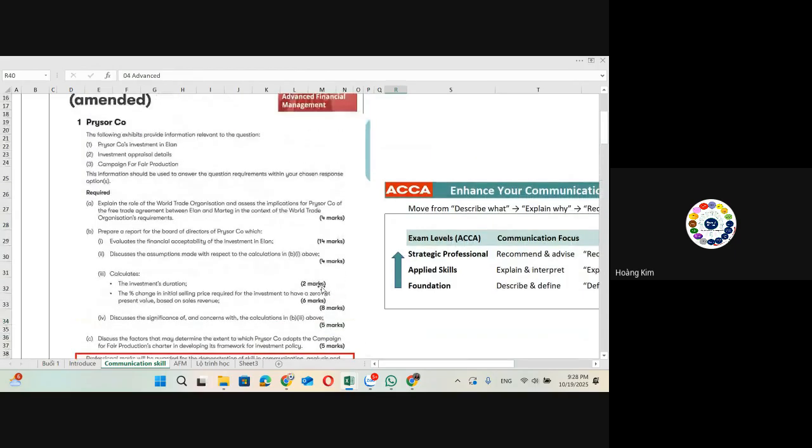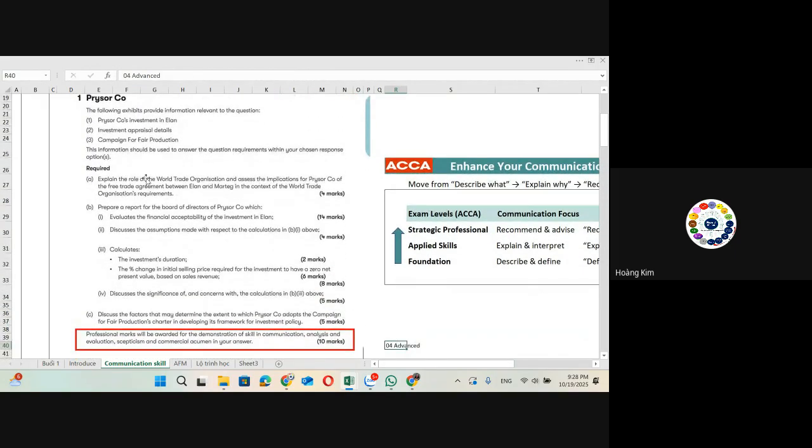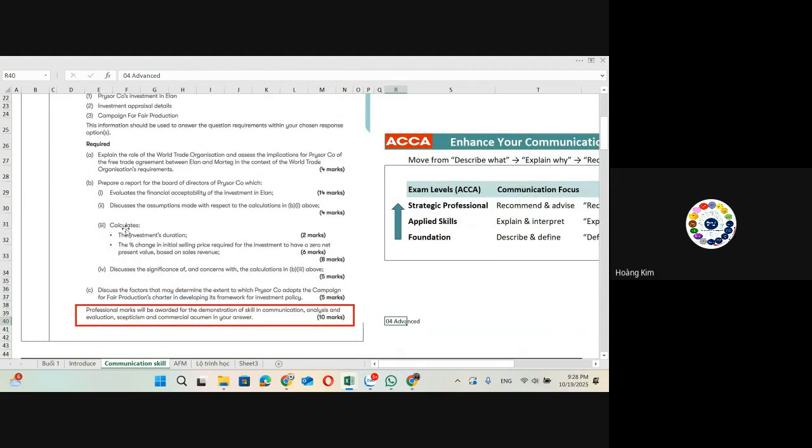Now you read one by one what they ask you. The first asks you to explain. The second asks you to prepare the report, calculate and discuss. First you understand what they want you to do. This is communication skill. If they ask you to explain, you just explain.